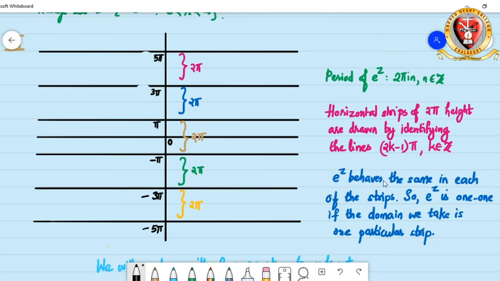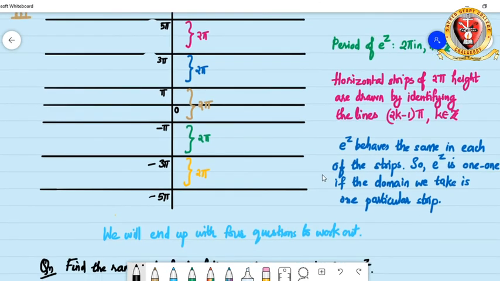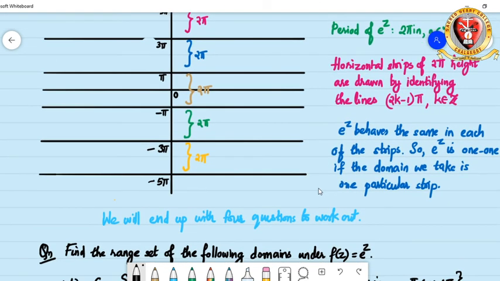And we said that e raised to z behaves the same in each of these horizontal strips. So, in order to make e raised to z one-one, we have to set the domain to be one particular horizontal strip. That is an observation we get from there.